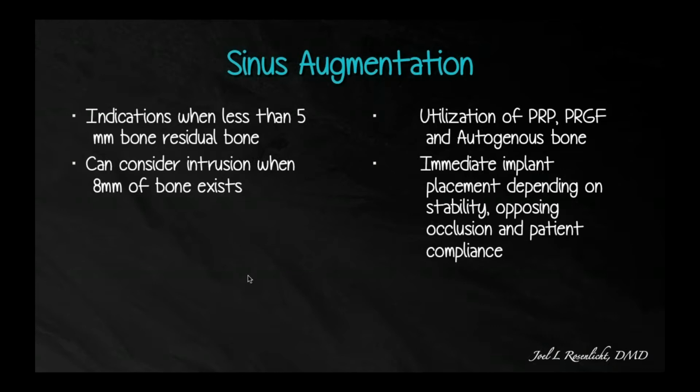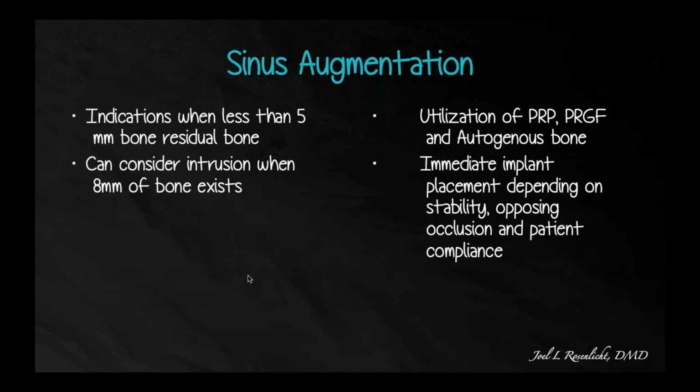Sinus augmentation is also highly successful, but it does have some potential for having problems, especially if you violate the membrane. And when you violate the membrane, you can initiate some bacteria or some things that might cause the graft not to be as stable or stay where it needs to be.